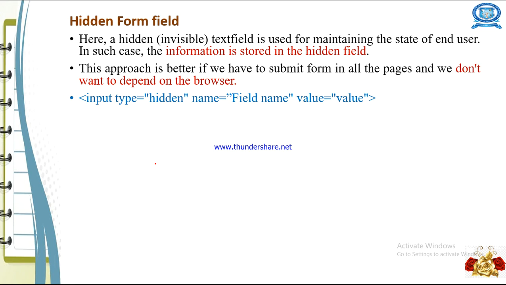We see the following syntax: input type equal to hidden, within double quotation marks, name equal to field name, and value equal to field value. This is the general format for the hidden form field.